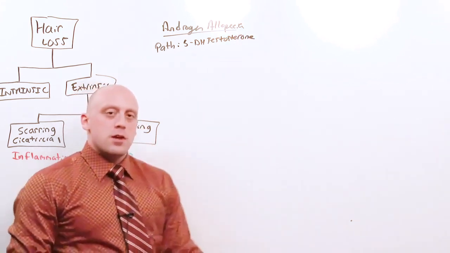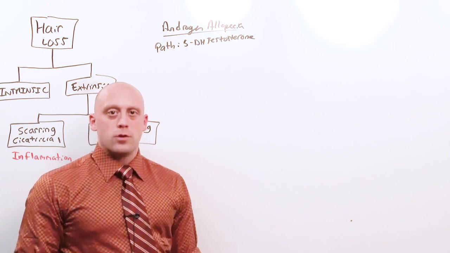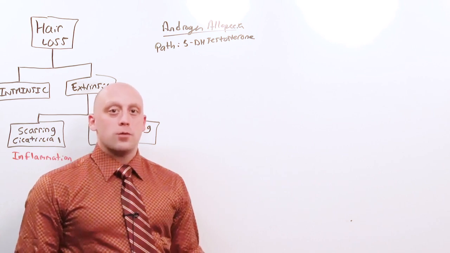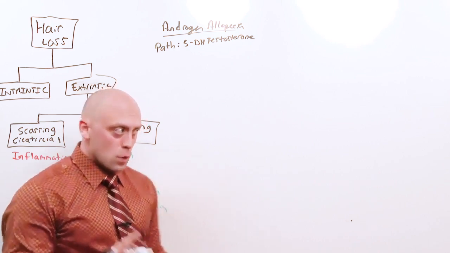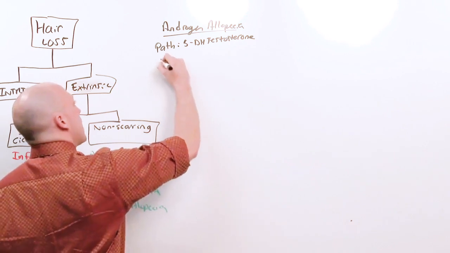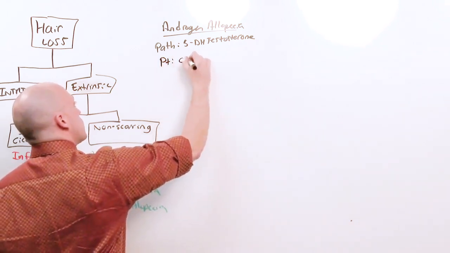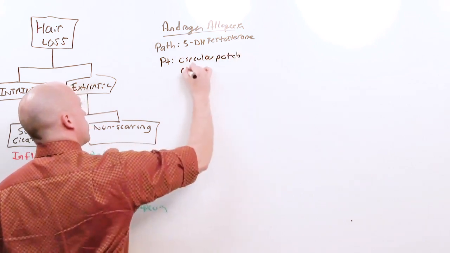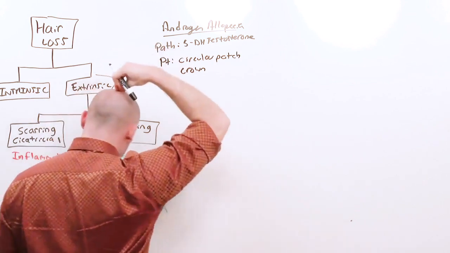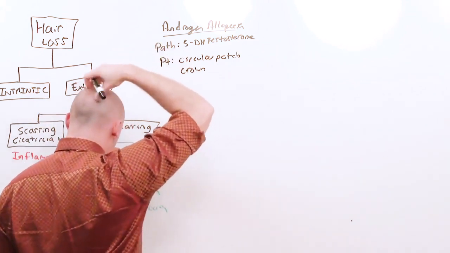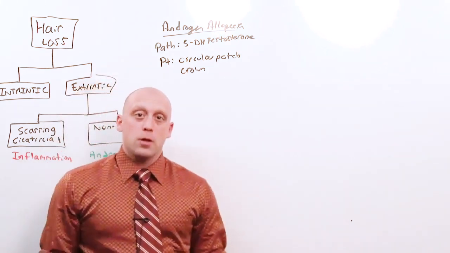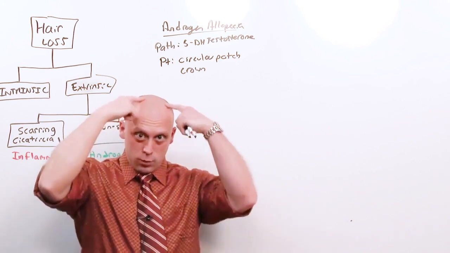What happens under the influence of this hormone, hair follicles miniaturize and then become very friable and fall off. What you're going to see in the way of the pattern is you're going to see a circular patch that grows out from the crown. It starts in the back of the head and then circles, and they begin to lose their hair on the crown. Much to my chagrin, male pattern baldness is not the ascending widow's peak.